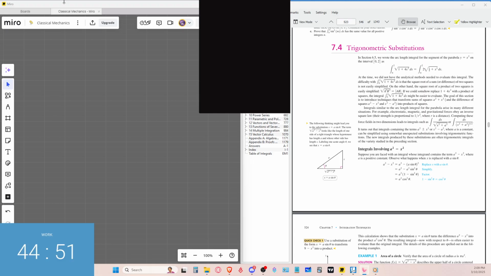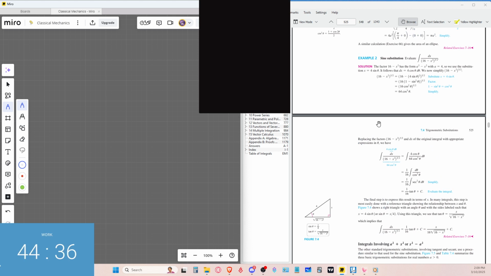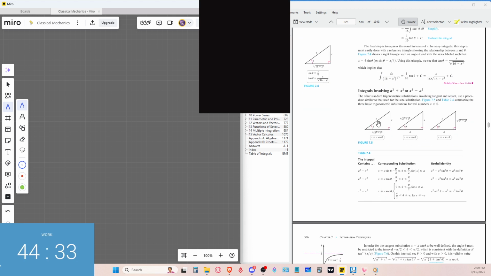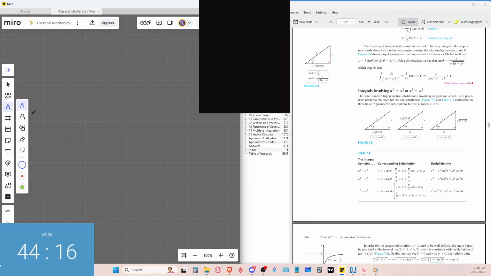Alright, trig substitution. Where is it? Pencil. So last time when we did trig substitution, we have to remember that... Oh, that is very thick. Let's reduce that a bit. Then erase that.